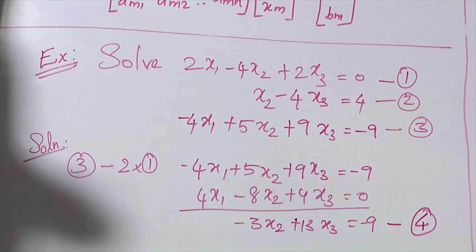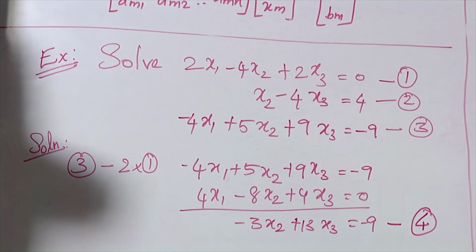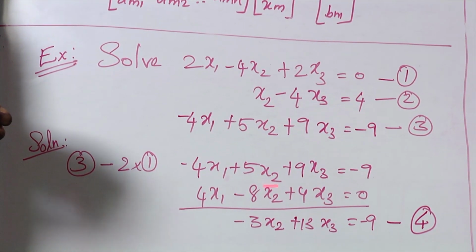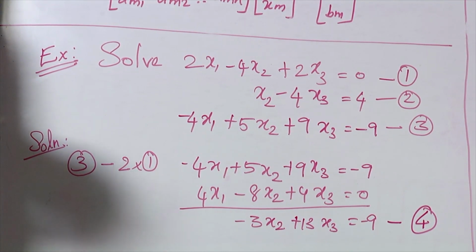As I told, first we are going to solve this using the elimination method. Elimination in the sense that here we will focus on the third equation and try to eliminate the variables, maybe x1, x2, and eventually get one variable and the value of that variable.